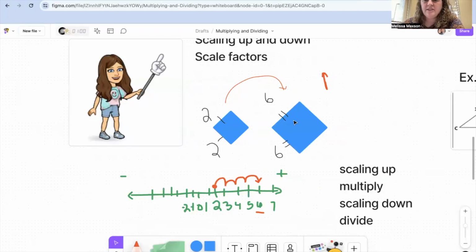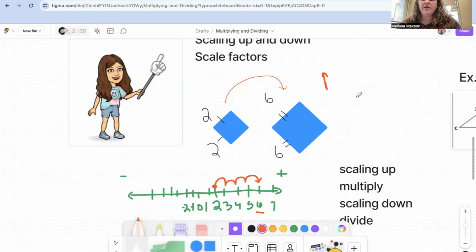So it looks like since we're scaling up, we will be multiplying by some number. So now we need to know 2 times what number equals 6? For those of you guys that need help, remember you can always add your multiples over here.